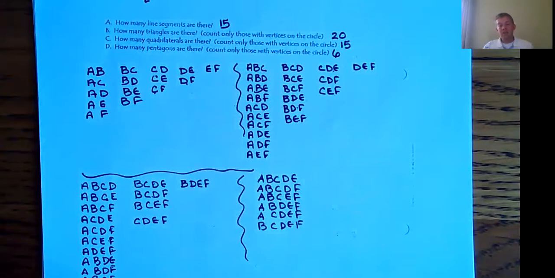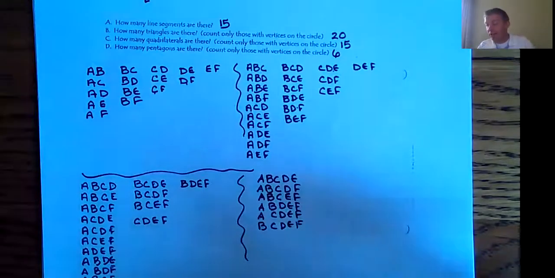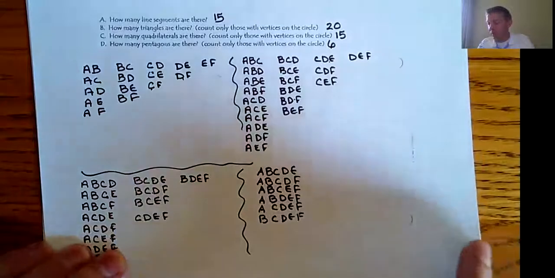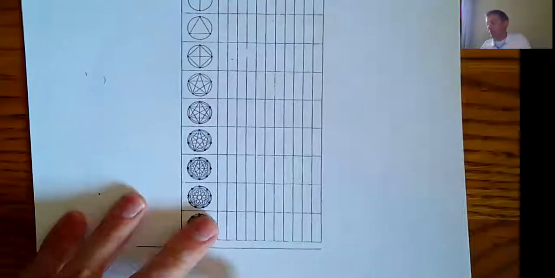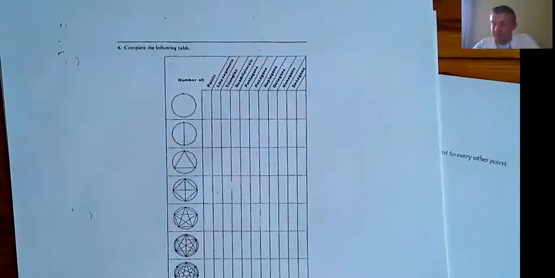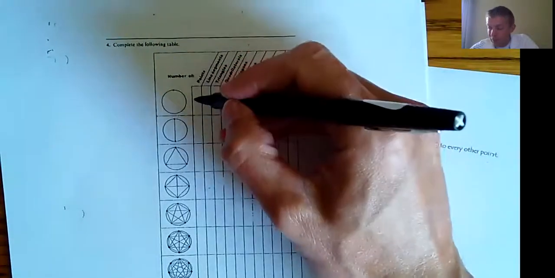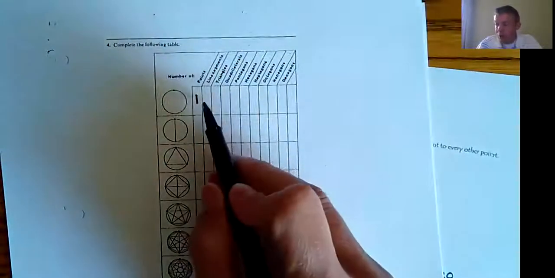Okay, so I mentioned that there is actually a better way to do this. So what is it? Well, if you move on to page 43, I'll show you. Let's complete the following table. Now, on this top thing here, I've only got 1 point. So all of these are going to be zeros.